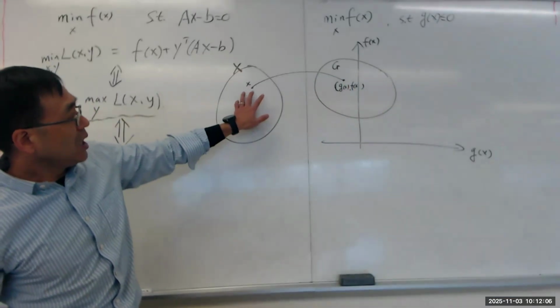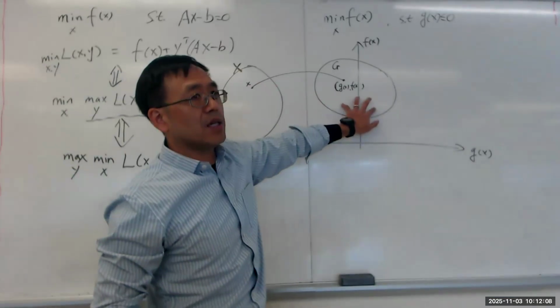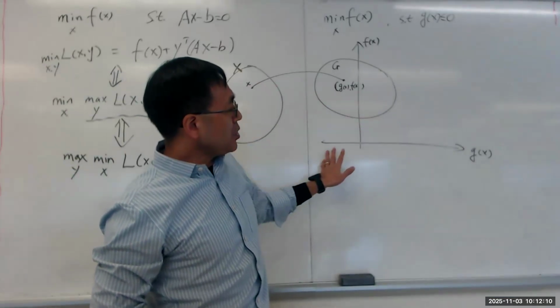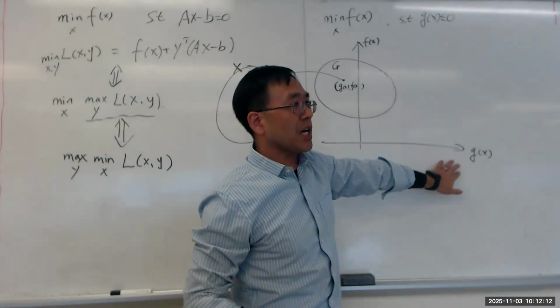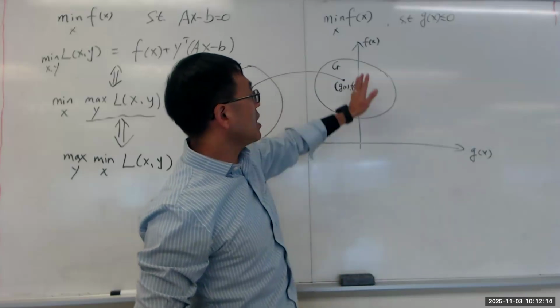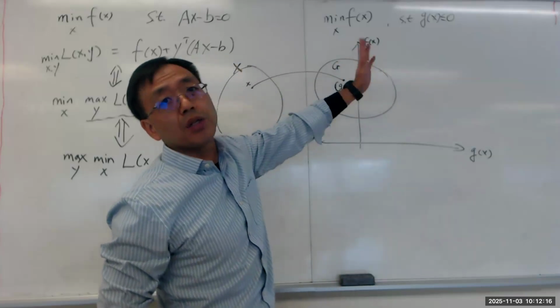Let's project this x into a two-dimensional space. The first dimension is simply g(x), and the second dimension is f(x). We can do that, right?